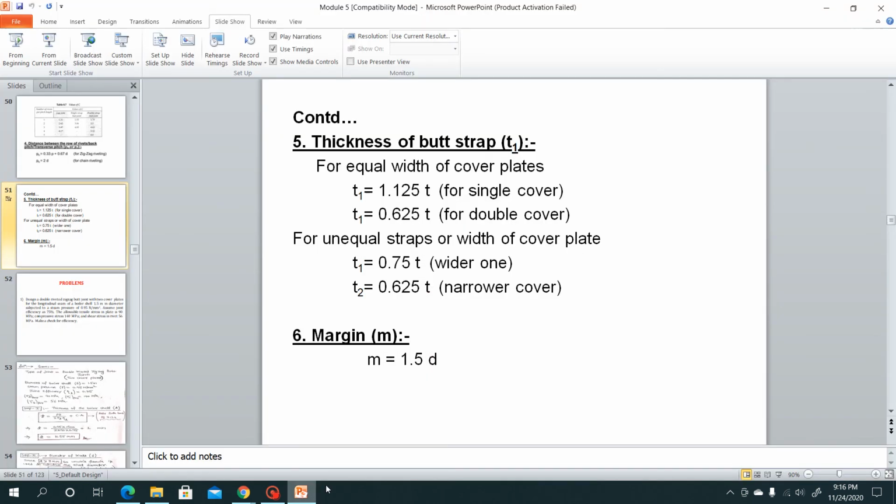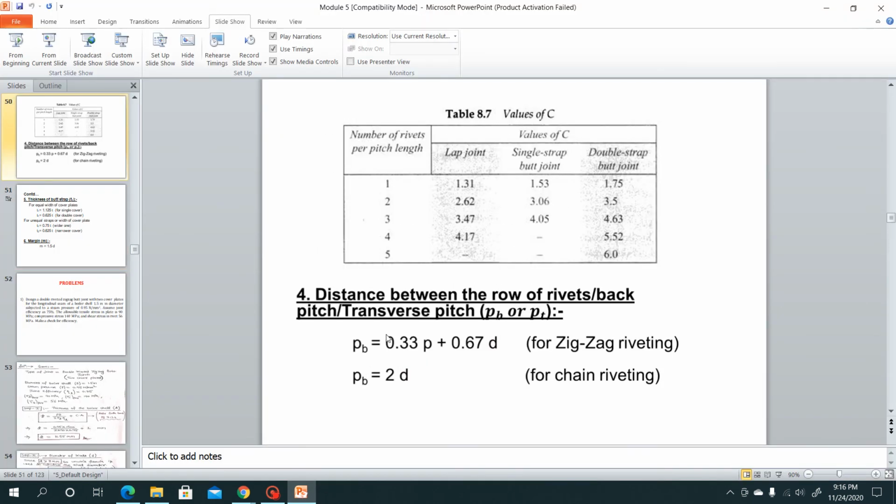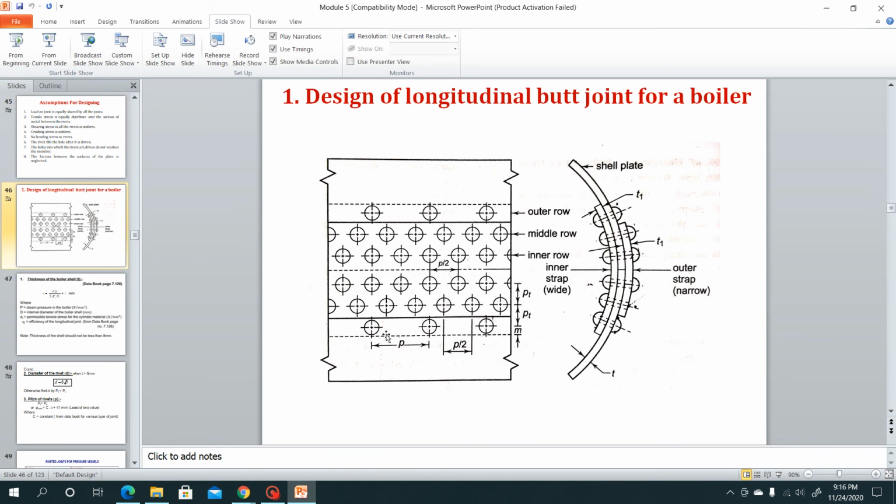Once we get all these values, you have to draw this diagram according to the given condition, whether the straps are equal or unequal, and you have to mark those values which you have got. For example, if you have got P equal to 50 mm, you have to mark the value. If you got PT equal to 24 mm, you have to mark the values, and so on.